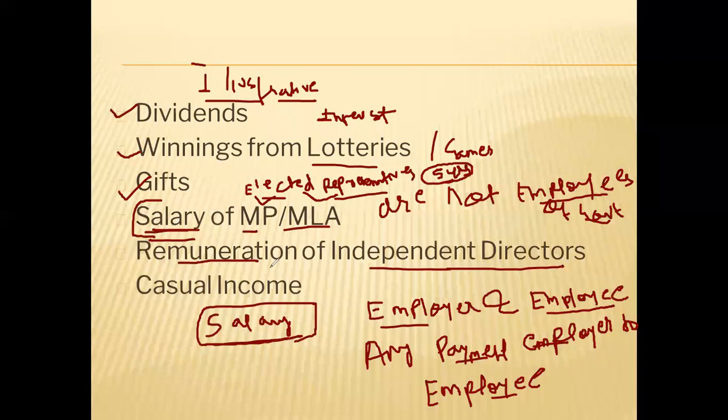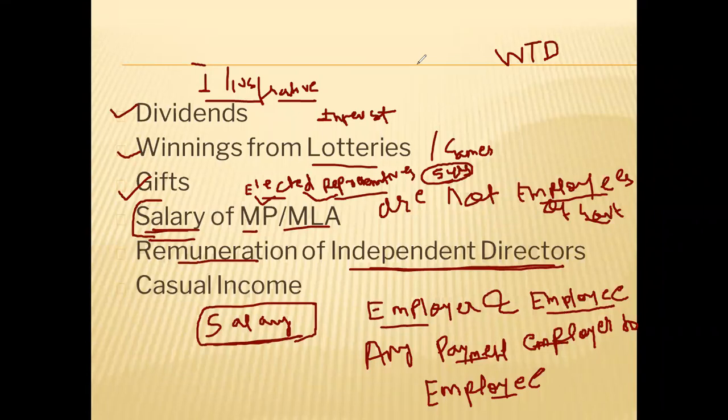Any payment made to full-time directors or whole-time directors will come under salary, because whole-time directors are employees of the company. Independent directors are not employees of the company. Remember these 2 points. There are different types of directors.